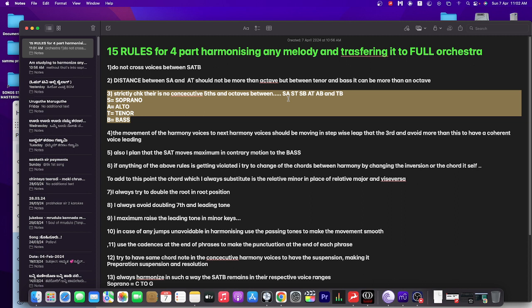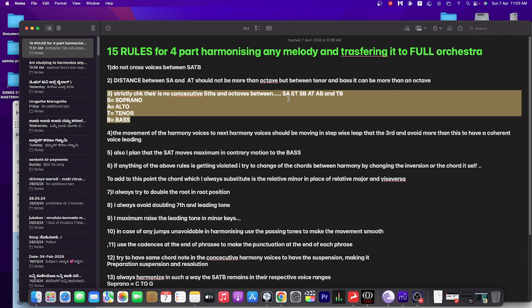That's called consecutive octaves and consecutive fifths. That's not only between soprano and alto. It should be checked between 6 parameters: soprano-alto, soprano-tenor, soprano-bass, alto-tenor, alto-bass, and tenor-bass. So this is the most important formula which you have to follow while harmonizing in 4-part writing.